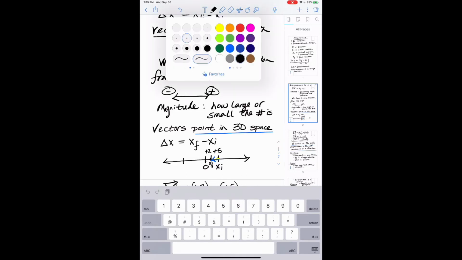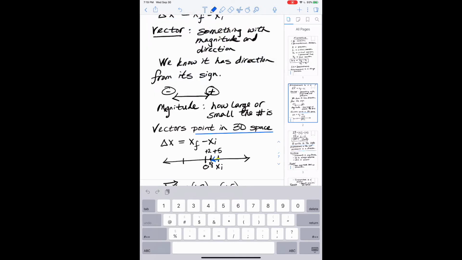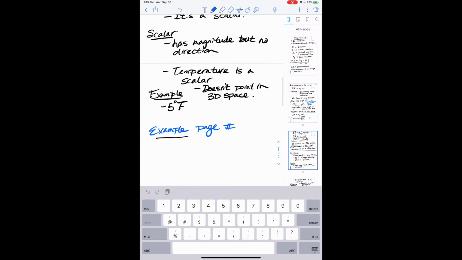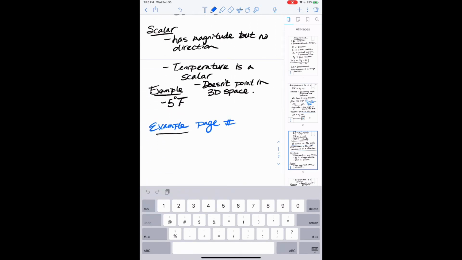And let me see if I can add some examples in blue. We're going to actually use a lot of vectors in this class. Things like velocity, acceleration, force. Things that are scalars: temperature, page number.